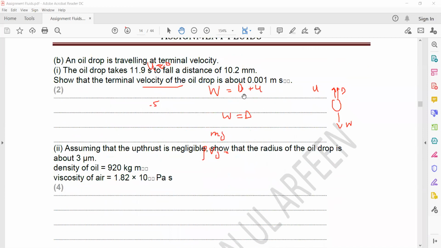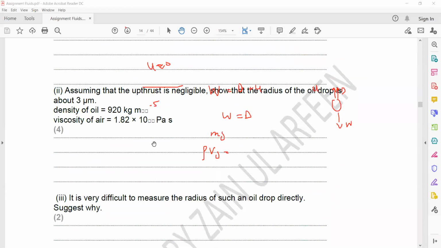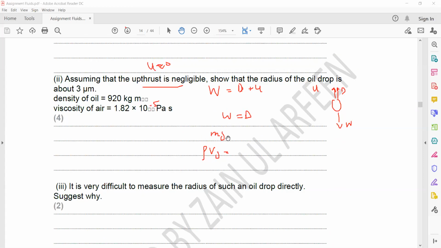Volume is 4/3 pi r cubed. The radius we have to find, sorry, it is not given. So we will work out the volume. And what about the viscous drag or drag force? That is equal to 6 pi eta r v. We have viscosity, density and gravity.